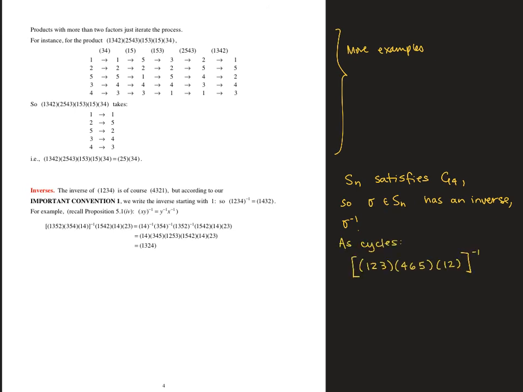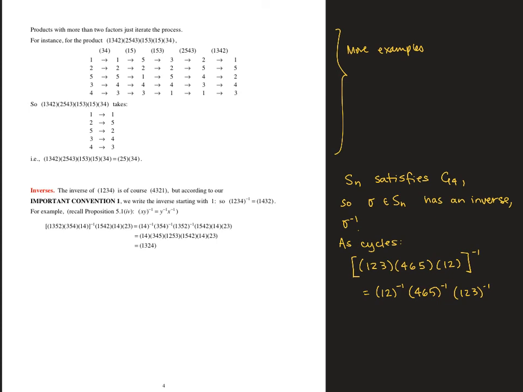When we're working with products of permutations and we want to deal with them as cycles, because they don't commute with each other necessarily unless they're disjoint, we have to invert the order of them to get the inverse. So in our example 1, 2, 3, 4, 6, 5, 1, 2, the inverse of that product is going to be 1, 2 inverse, 4, 6, 5 inverse, and 1, 2, 3 inverse.